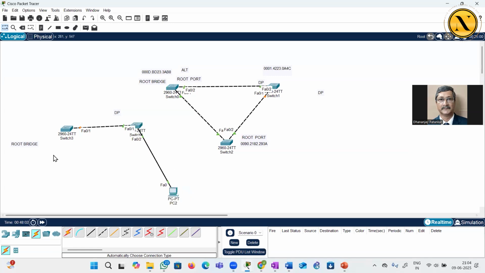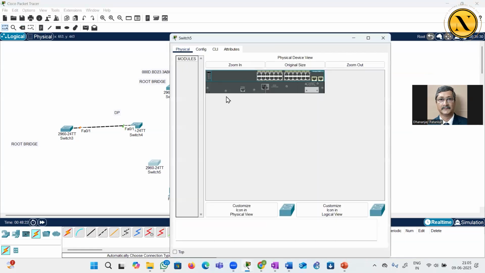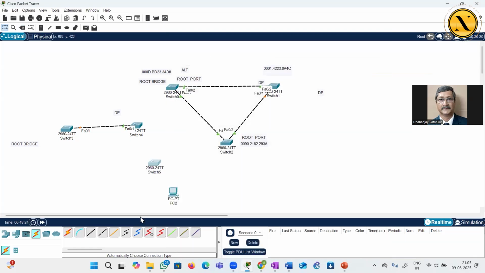But instead of this, if somebody removes this and tries to act over smart in the company, and tries to connect another switch, then what will happen? There's a cable here, so I'm trying to connect a cable on the second port, right?